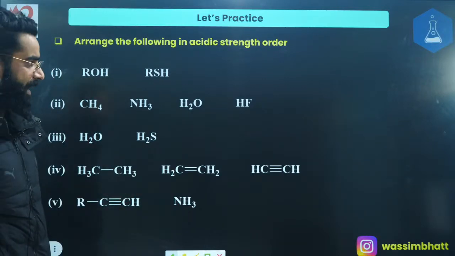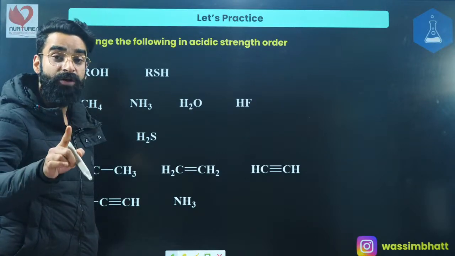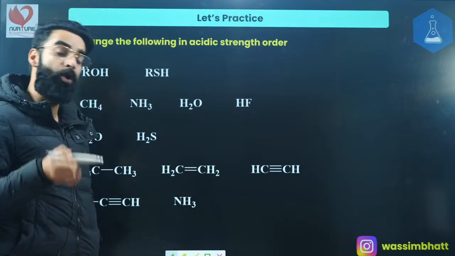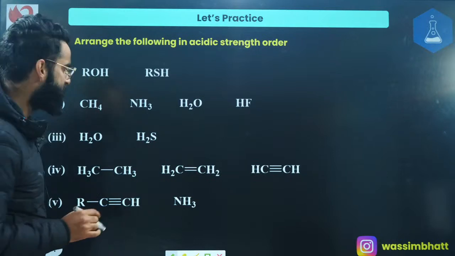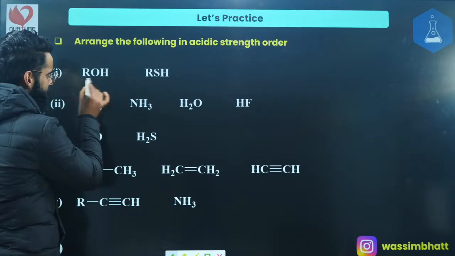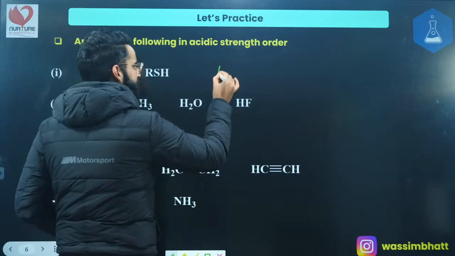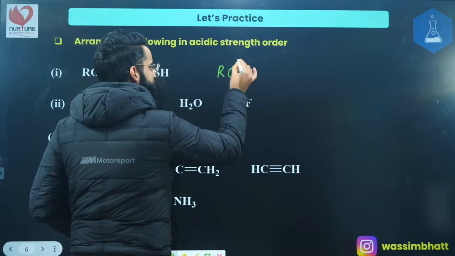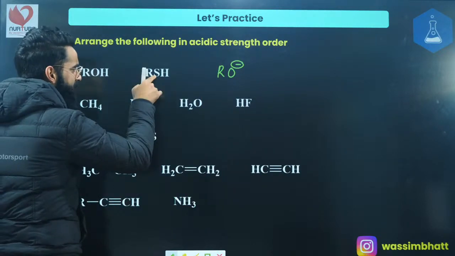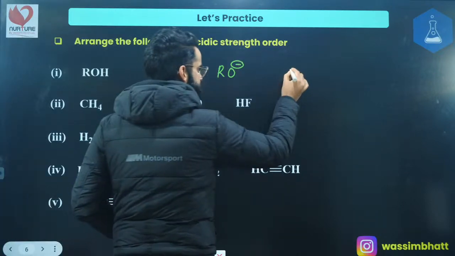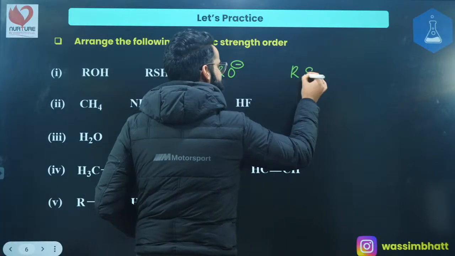Have a look. As I told you, strength of acid depends on the stability of the conjugate base of the acid. So first of all, this acid, after the donation of H positive, gets converted into RO negative. This RSH, after the donation of H positive, gets converted into RS negative.